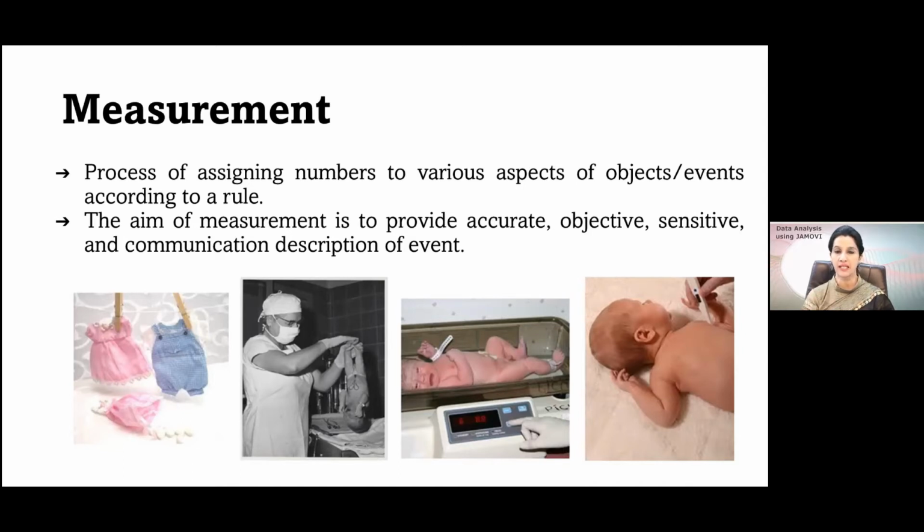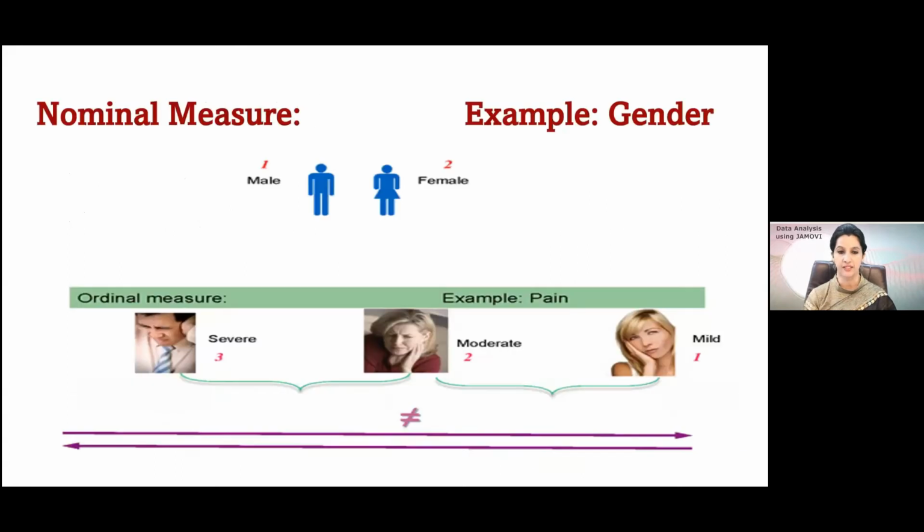By assigning a number, the software can recognize it. Basically, the aim of measurement is to provide an accurate, objective and sensitive way so that there should not be any ambiguity in communication of our finding.